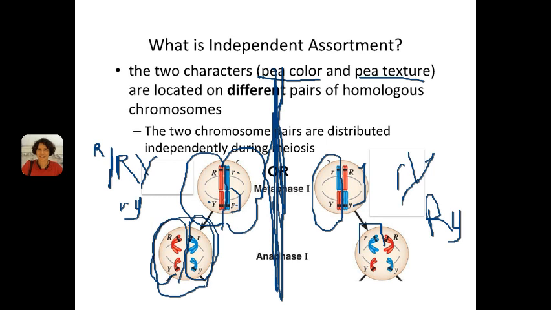So that, when you look at them all together, now you can see you have all four combinations. You have big R, big Y, little r, little y, little r, big Y, and big R, little y, over multiple meiotic events.